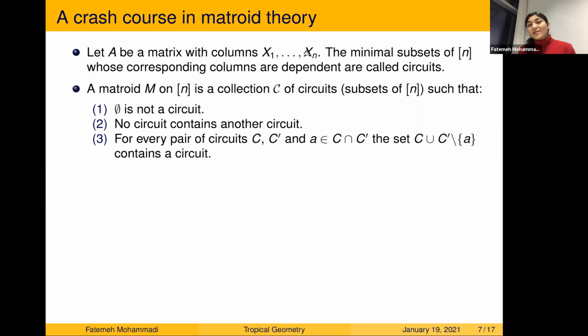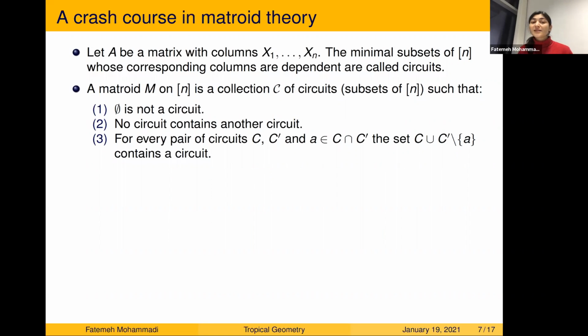Similar to the case where you had n columns and linear equations among these n columns, here you can say a matroid on a ground set 1 to n is a collection of circuits, and circuits are just subsets of 1 to n with these three properties. First of all, the empty set we're not going to consider a circuit.